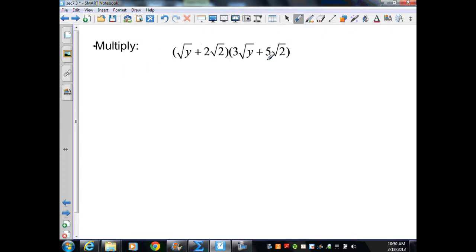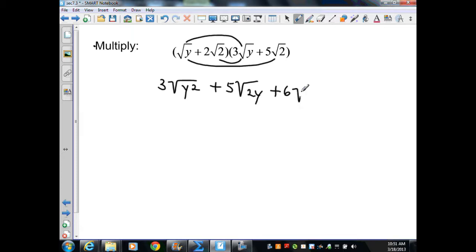Again, I want to FOIL to solve this problem. My first term, when I multiply, 3 times 1 is 3 square roots of y squared. My outer term is a positive 5 square roots of 2y. My inner term is going to be 2 times 3 is 6 square roots of 2y.